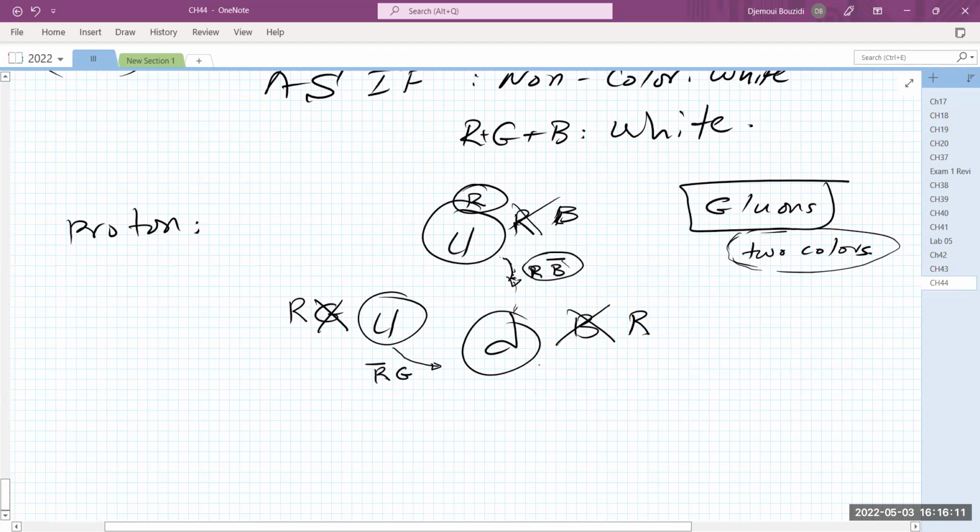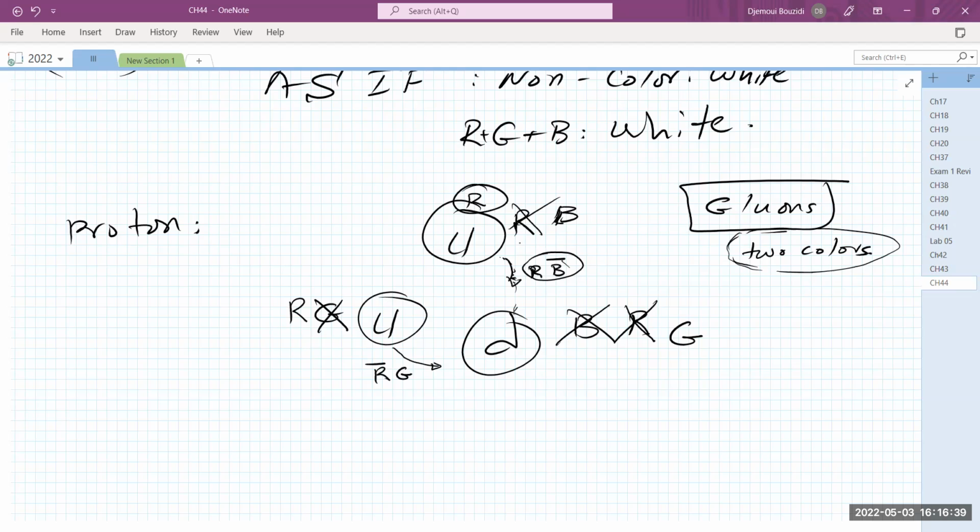And this one now gets an anti-red that cancels its red, so it's no longer red. So it becomes actually green. So at any given point, I still have RGB. The entire proton still is neutral. But the exchange of these gluons that are a mixture of two colors, one color and one anti-color, is exactly what needs to happen to glue this entire proton and keep it from flying every which way.